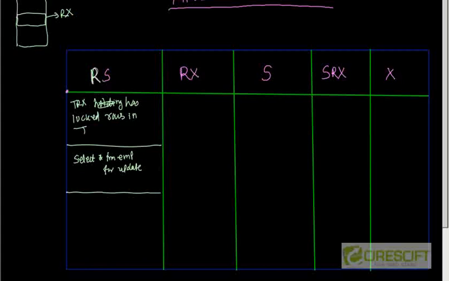If you have this RS lock on this table, other sessions from other transactions can query and also update or delete other rows except this row, because this row is holding the lock. So this row is not eligible for any further update, but other rows can be updated.